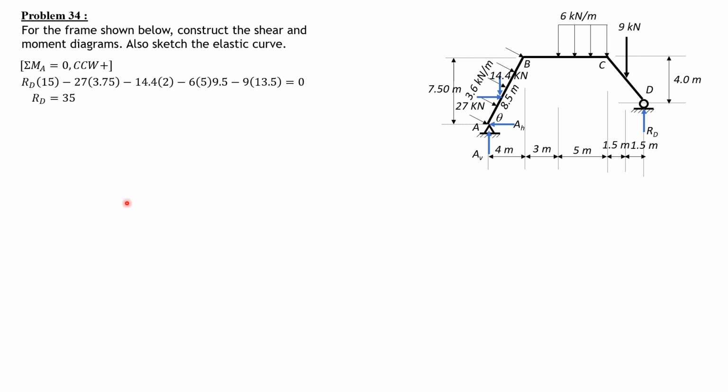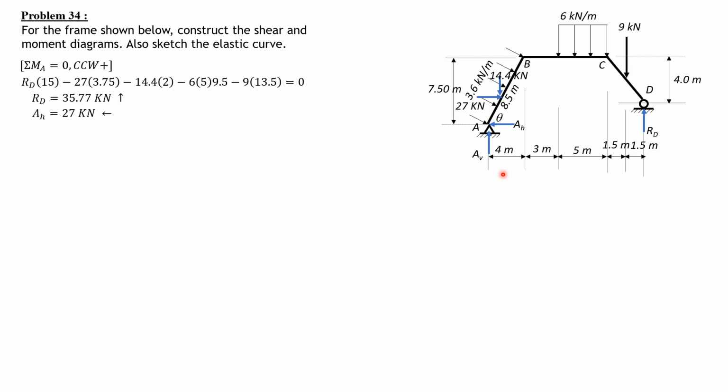So R sub D is 35.77 kilonewtons. For AH, summation of horizontal forces, it is 27 kilonewtons leftward. Of course, it's obvious in the figure.